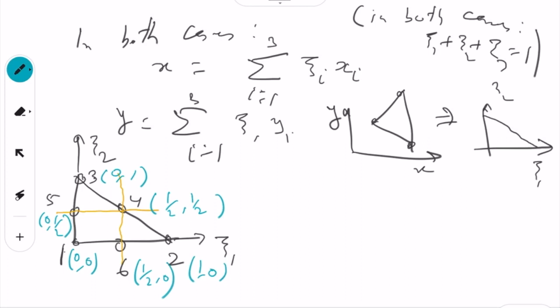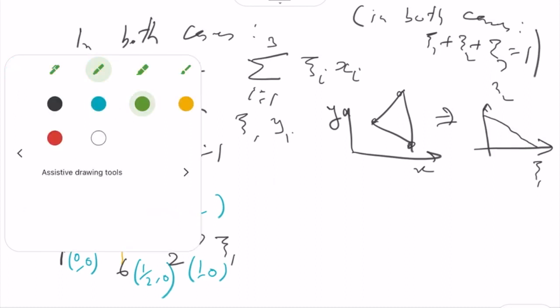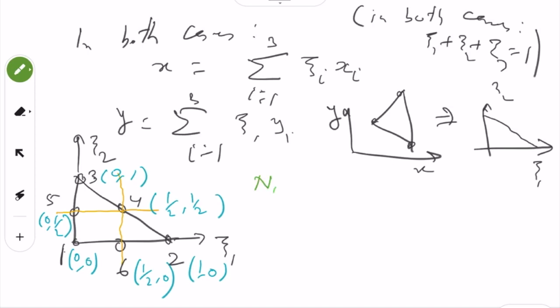So you can see that in this case we have n1. So let's write in a different color. So n1 will be equal to, see here. Now n1 is here, n1 will be 1 here and it will be 0 here and 0 here.